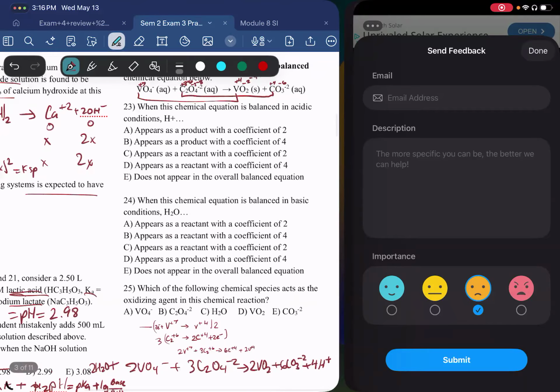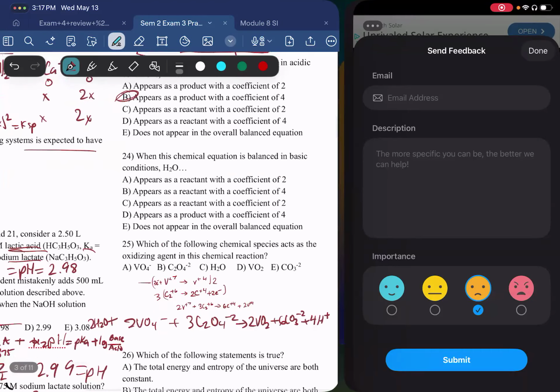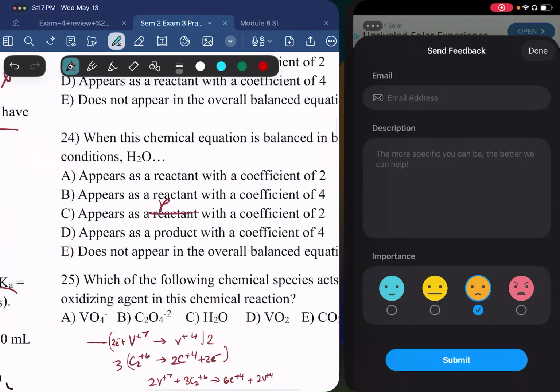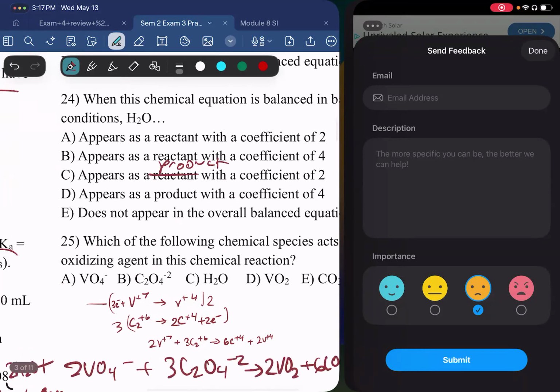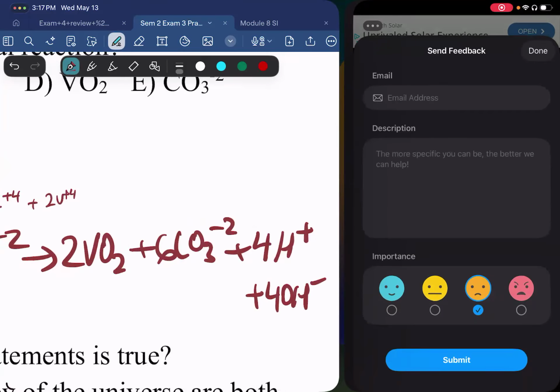So the first question it asks is, in the acidic formula, where's the H plus? The H plus here is going to be a product that has a coefficient of 4. And then when it's basic, now we have to add plus 4H minus on both sides.